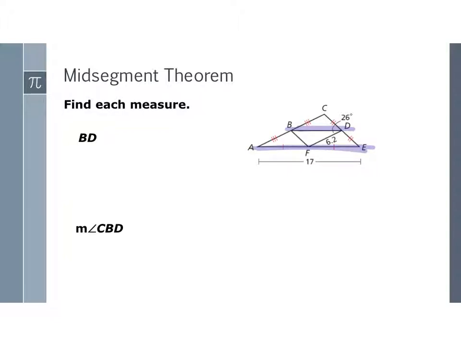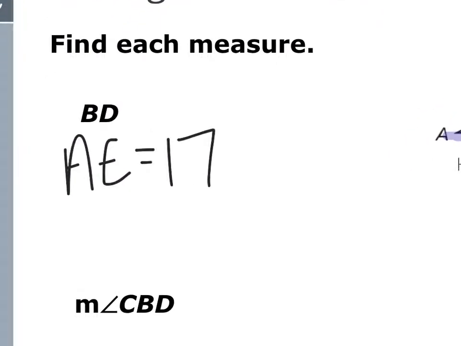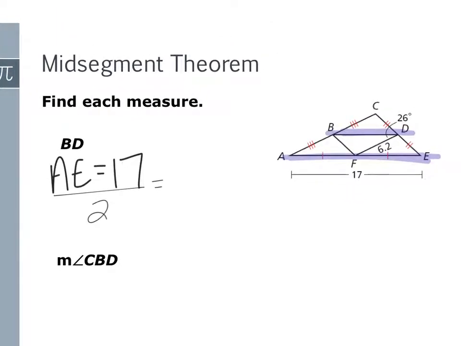Now I know that they're parallel to each other, and I also know that AE is equal to 17. BD, by definition, is going to be half of that. So I'm going to take that whole thing and divide it by 2. 17 divided by 2 is 8.5. So I know that BD has to be 8.5.